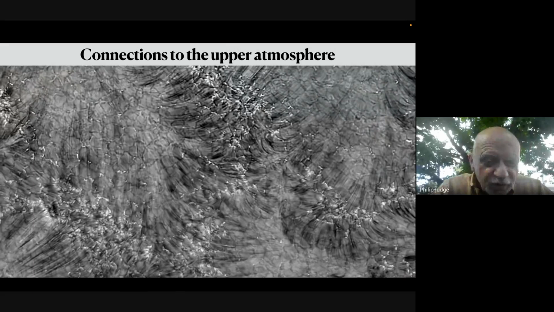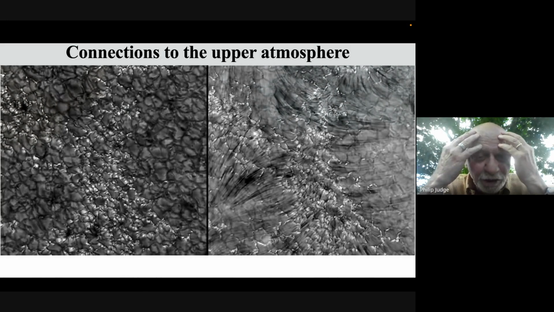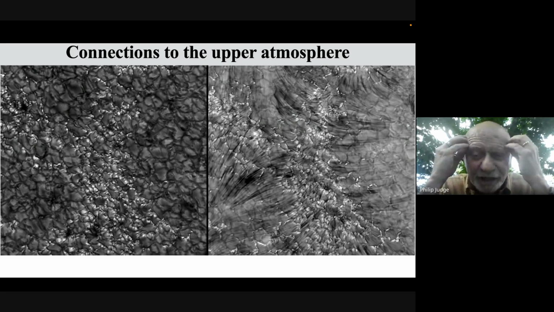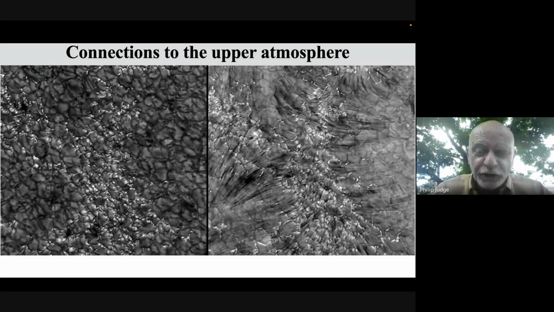What I see here is plage, which is mostly unipolar. A couple of things strike me here. One is that you ought to be able, with H beta, to connect. Both have signatures in the upper chromosphere and in the photosphere, and you can see it in this figure. You can see the bright plage underneath and then the darker stuff.